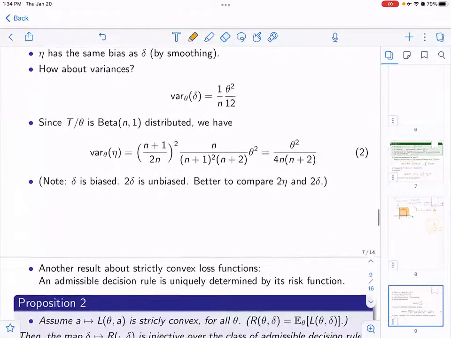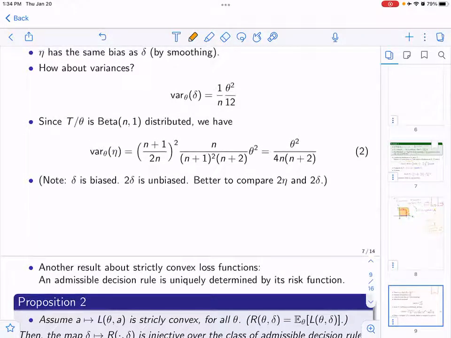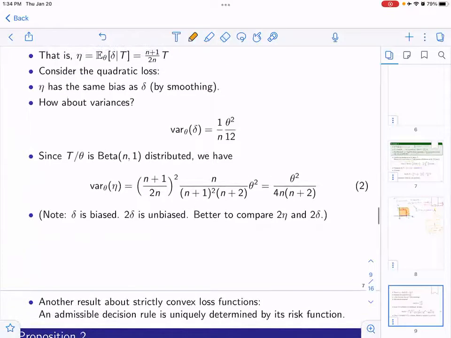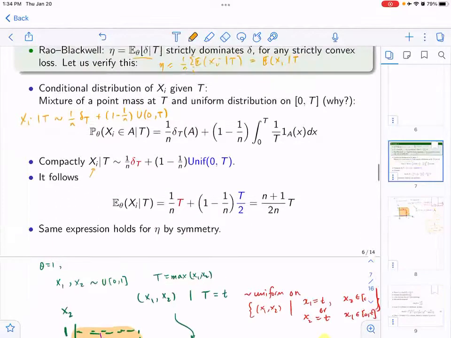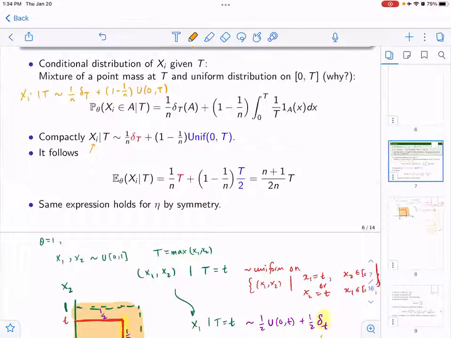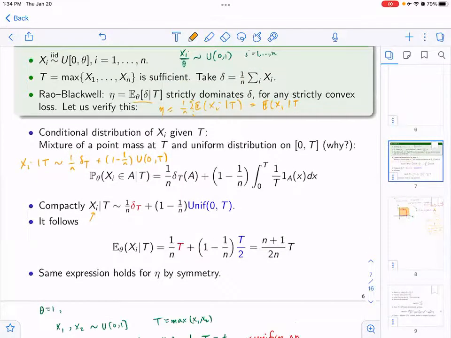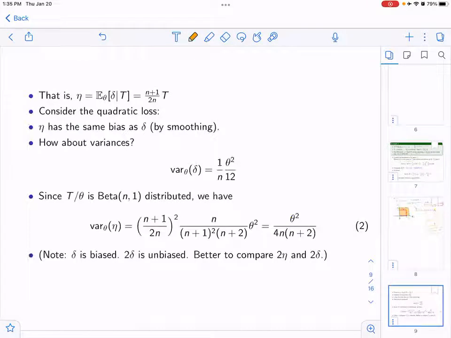So in order to compare the quadratic loss, we just have to worry about the variances. So you can compute the variance of the average, 1 over n summation i from 1 to n of xi.